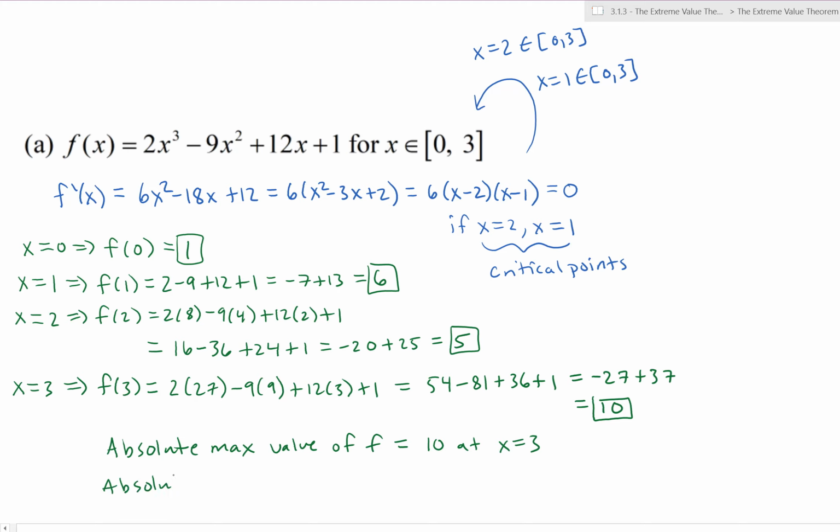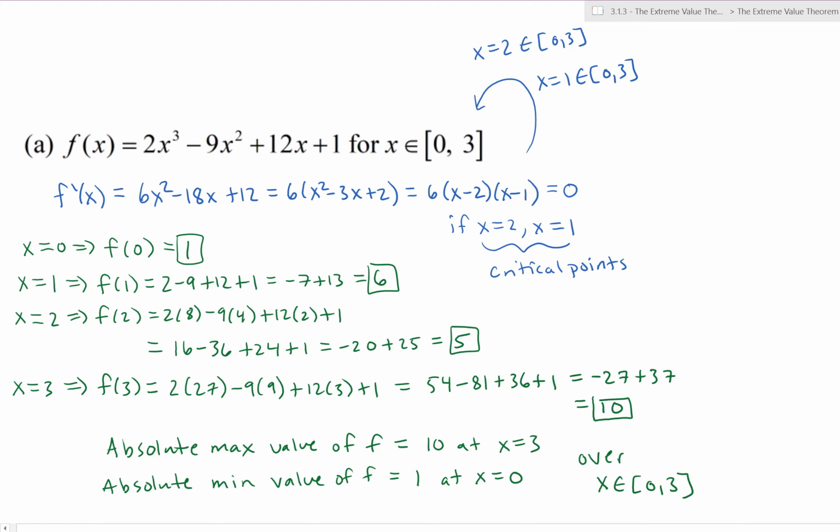Moreover, the absolute min value of this function f is going to be equal to 1, and that occurs at the left-hand endpoint. So the critical points end up not being absolute extrema here, but that's okay. They could have been. And of course, this is over the interval of x's from 0 to 3.